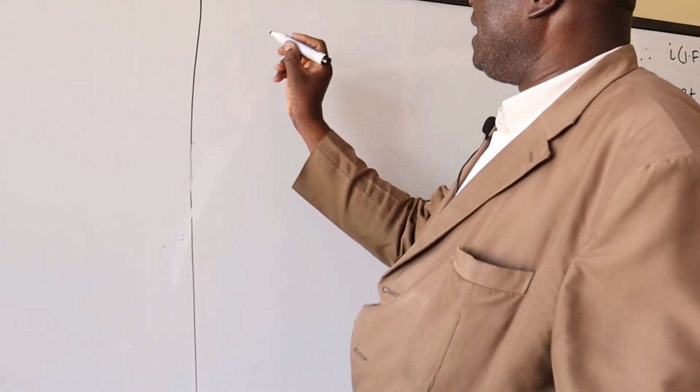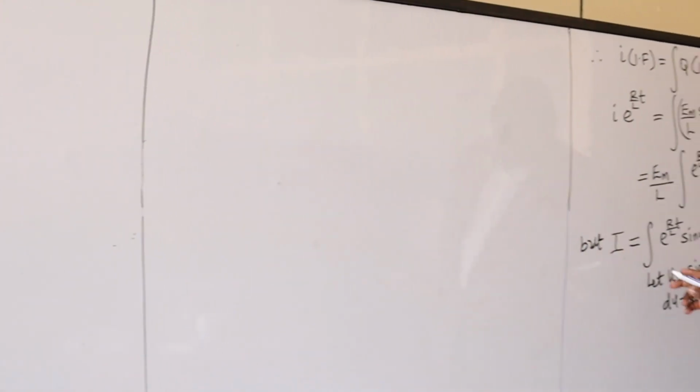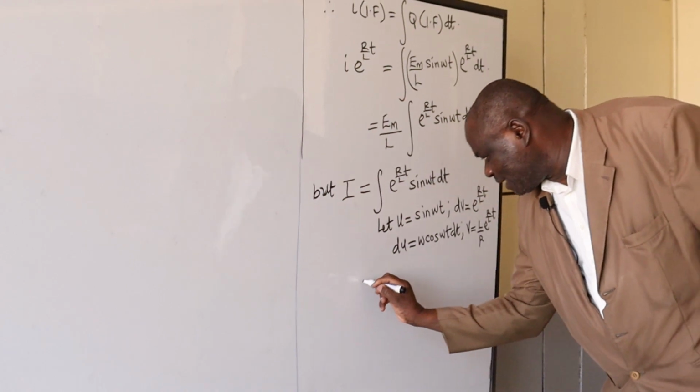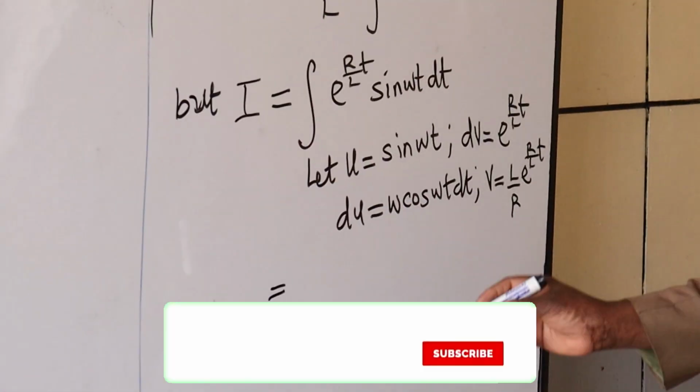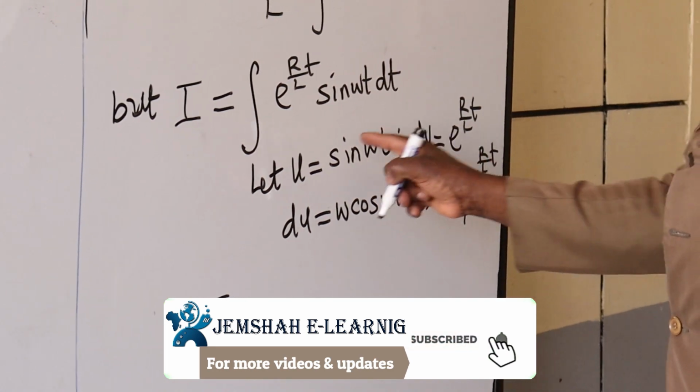So we proceed and say this one will be equal to, our I will be equal to uv.